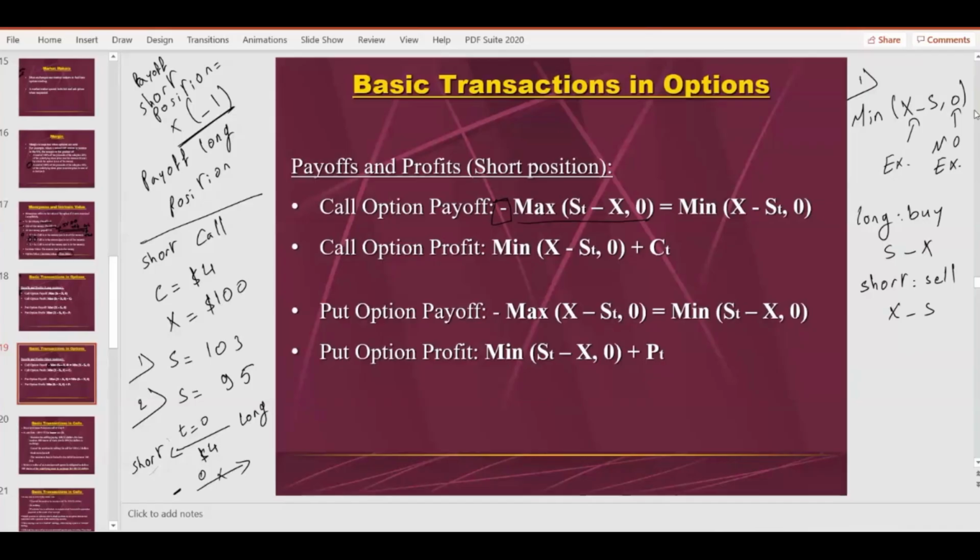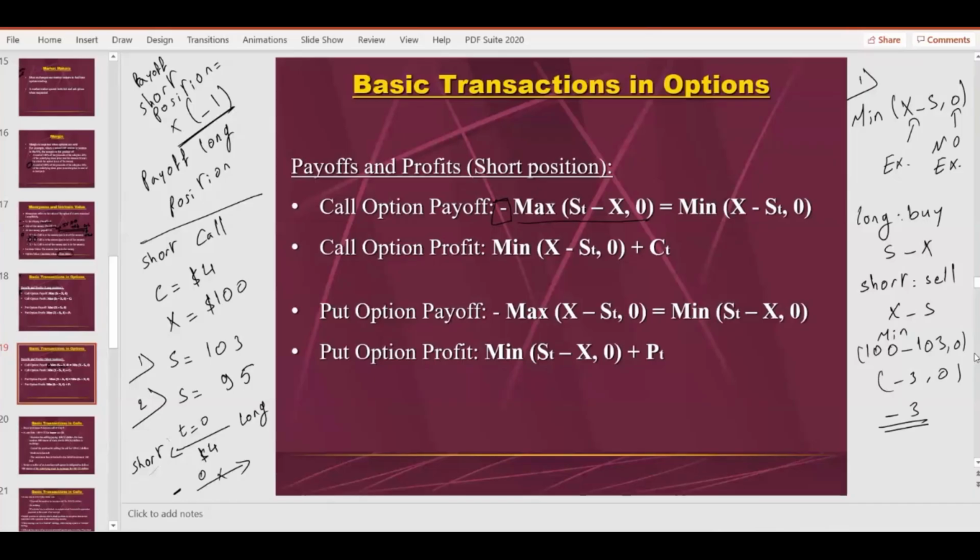So in this case, I have 100 minus 103 and 0. So the minimum of those two values. 100 minus 103 is minus 3. So between minus 3 and 0, the minimum is minus 3. So mainly what will happen is that the party with the long position will decide to exercise because the option is in the money.